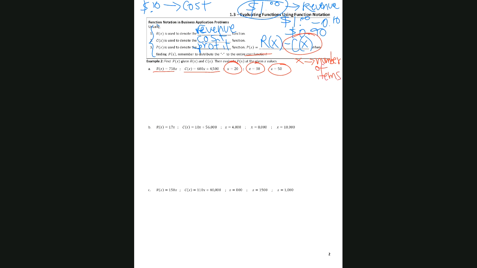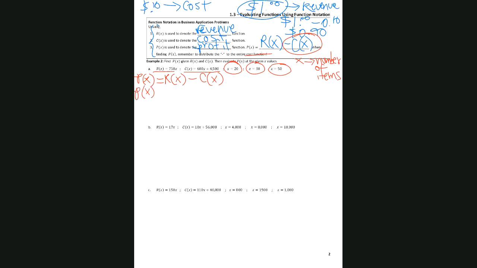It says here, find the profit given the revenue and the cost. We already know that to find the profit, we need to use the revenue function and subtract the cost function. So that's what I'm going to do here to evaluate the profit function.